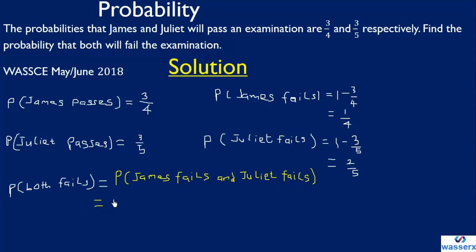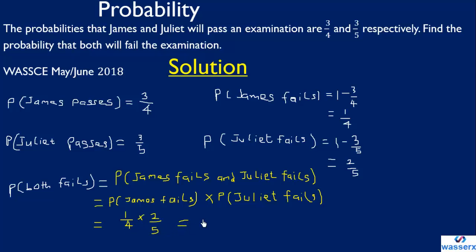So this will be equal to the probability that James fails, times, so and means times, the probability that Juliet also fails. And we know these ones already, so we just substitute them over there. So that will give us 1/4 times 2/5, and this is equal to 1/10.